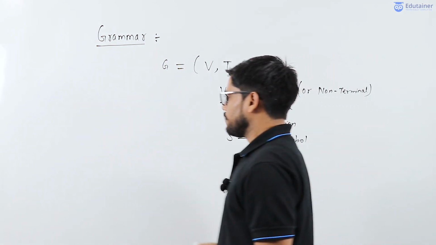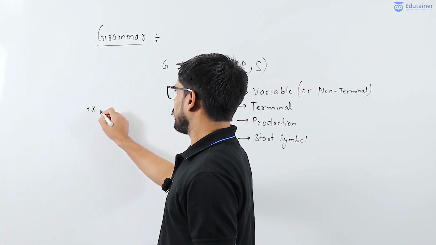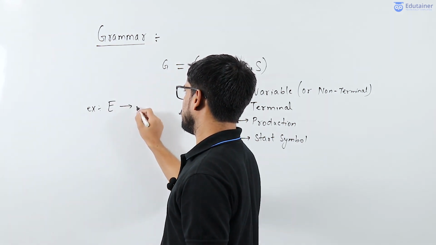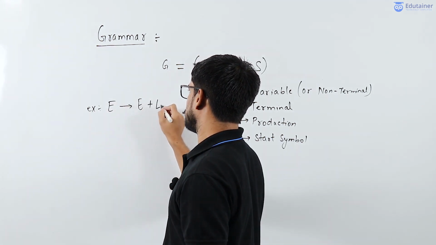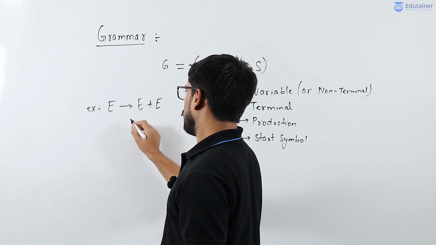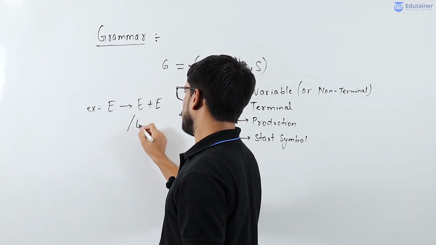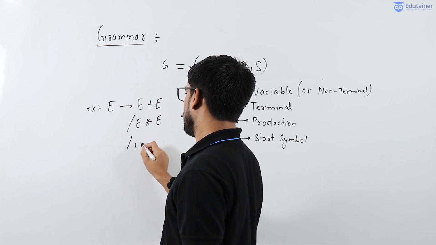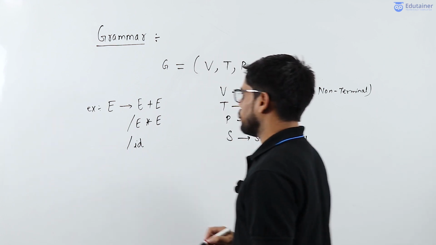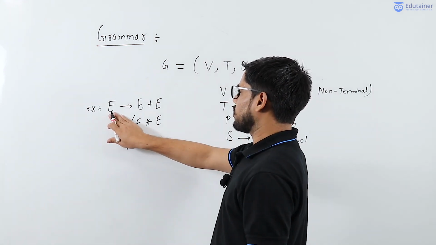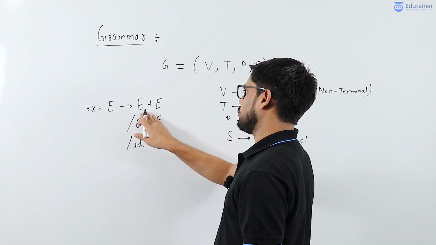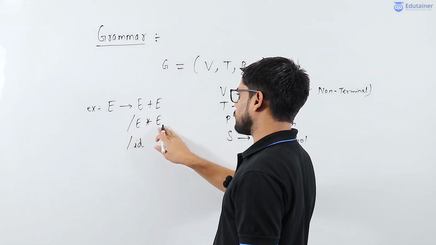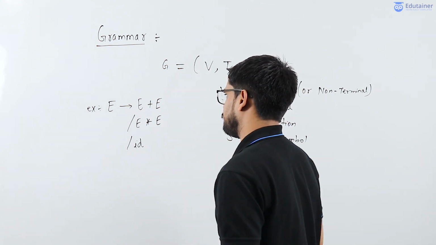For example, I have a grammar like E tends to E plus E, or E star E, or simply ID. So this grammar can be read as: expression is expression plus expression, or expression into expression, or simply an identifier.